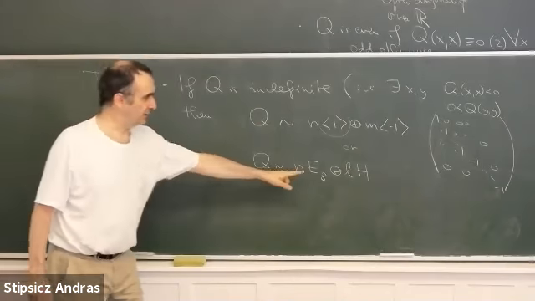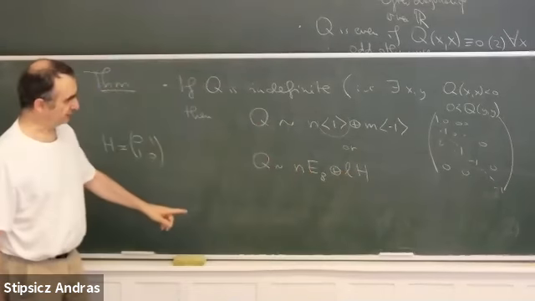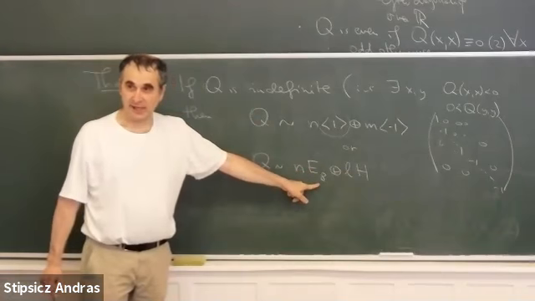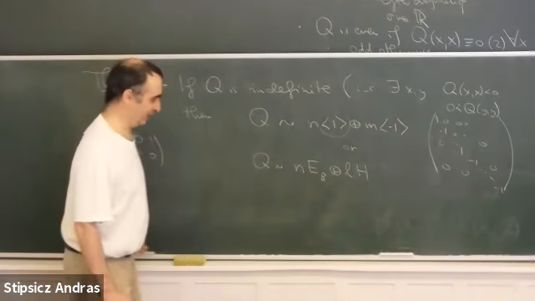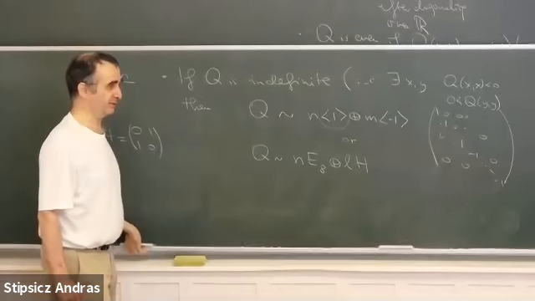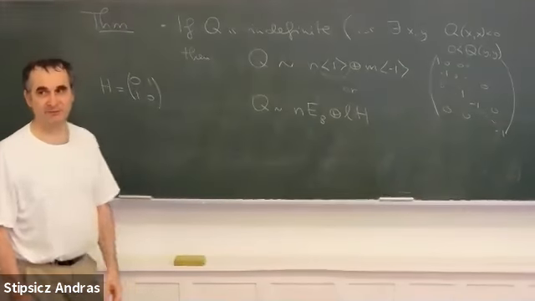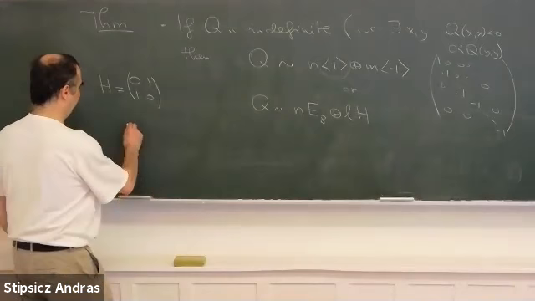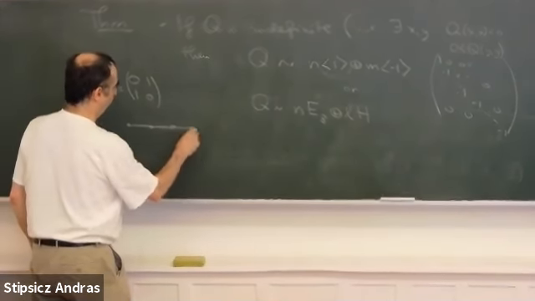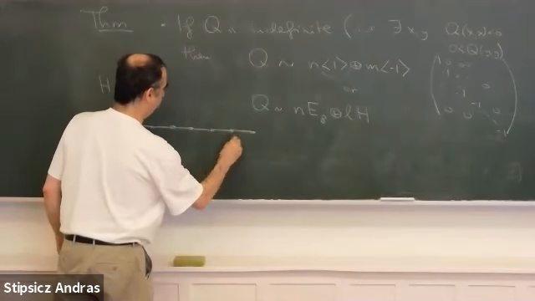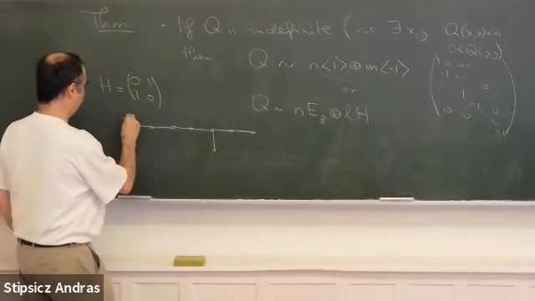So this is why we denote it by H. And E8 is an 8 by 8 matrix. I will not draw that because it would take forever and I would definitely make a mistake. But it can be specified by a single graph. And I will draw the graph. 1, 2, 3, 4, 5, 6, 7, 8.